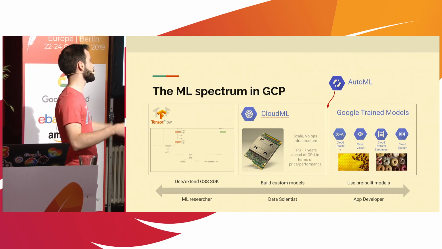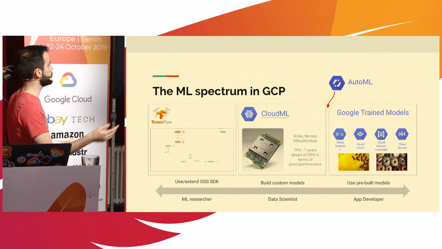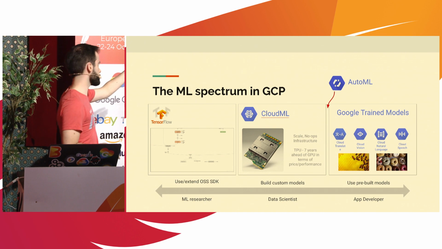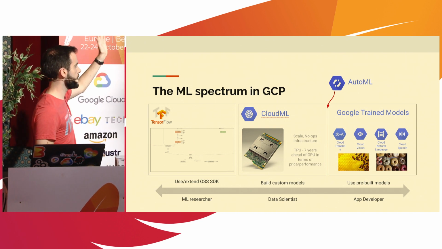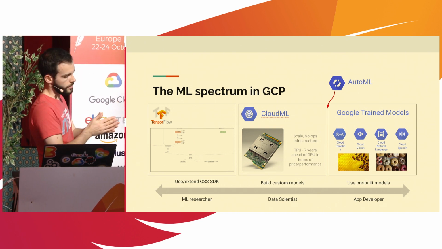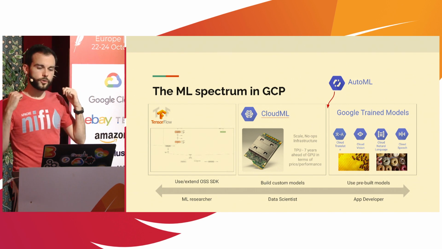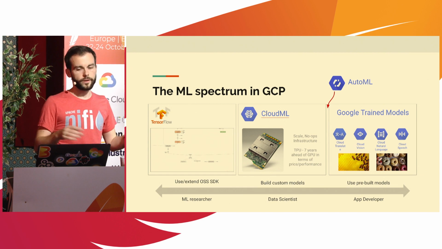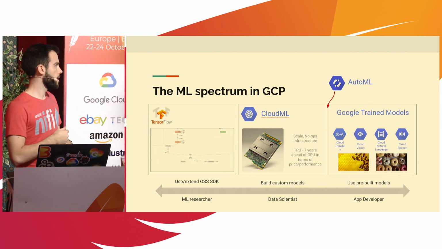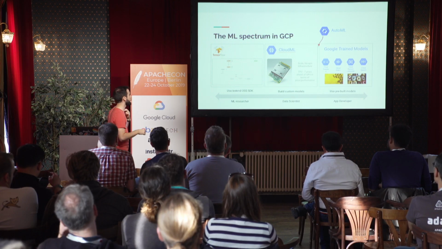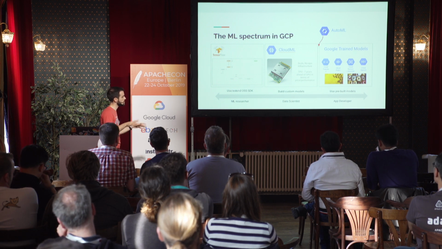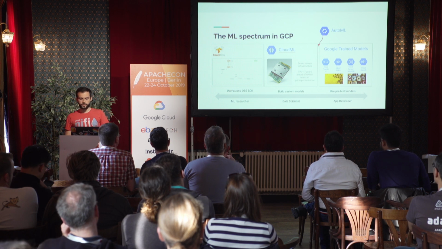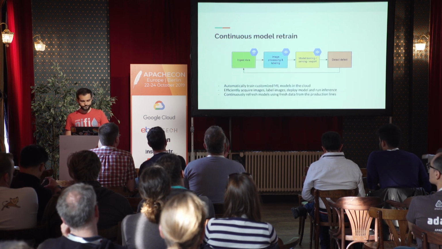And on the right, you have the APIs ready to consume, where you don't have anything to do, and you probably know about Translate, etc. AutoML is in the middle: you provide your data, and we train your custom model, but you don't have to do anything else. You don't have to say anything about your data. It's going to train and optimize the best machine learning model available for your need.